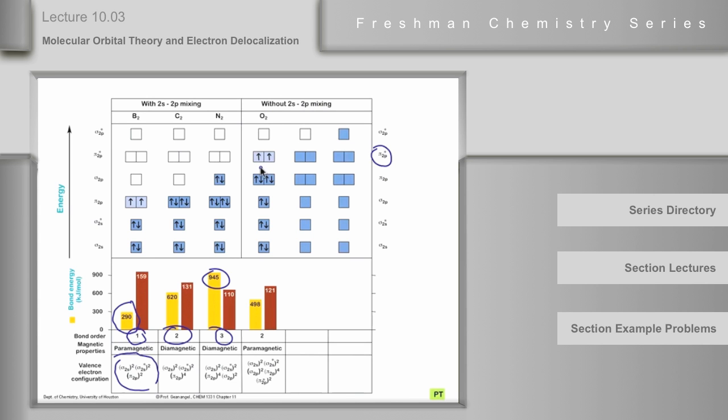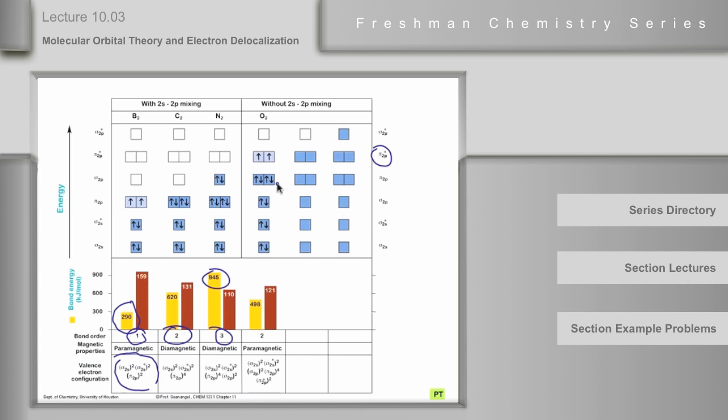So if you now calculate the bond order, go ahead and calculate it. Everybody take your pencil and calculate the bond order. You know it's 2 here, but show that it's 2. Okay? Do a quick calculation and confirm the bond order has to be 2 for sigma 2s2, sigma star 2s2, sigma 2p, pi 2p, pi star 2p2.